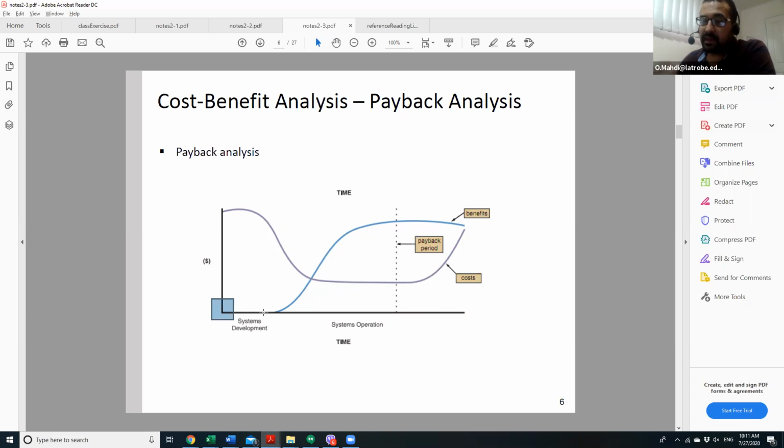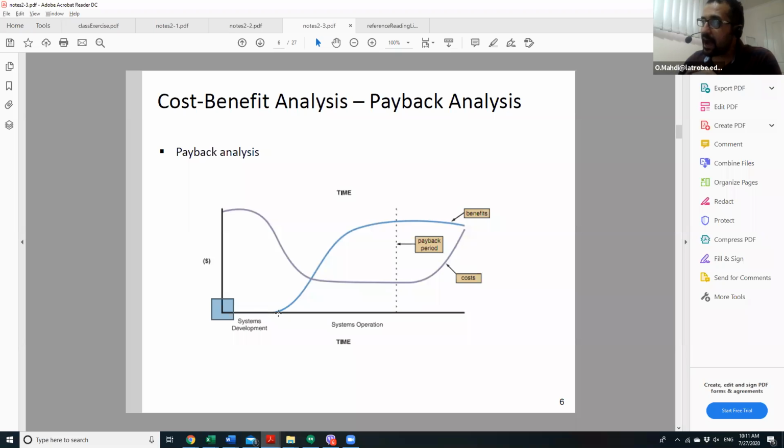The main point to understand is that the cost always starts from the top, because it will be quite costly, but the benefits start from year one or year two or year three, not from the first day that you are running your information system.